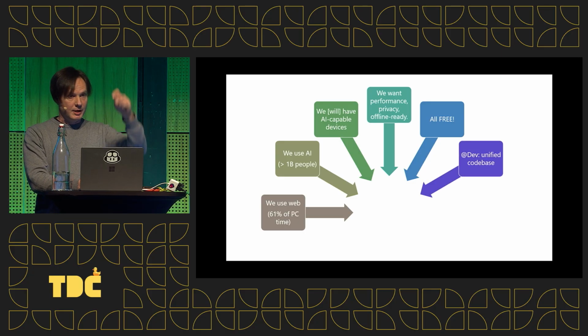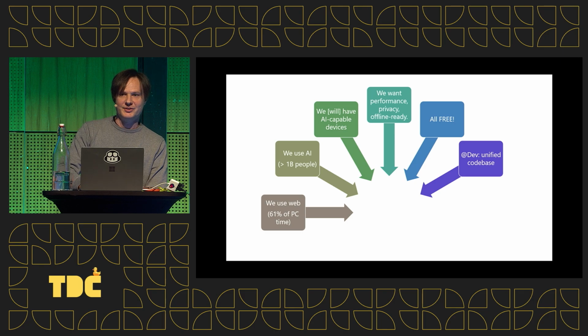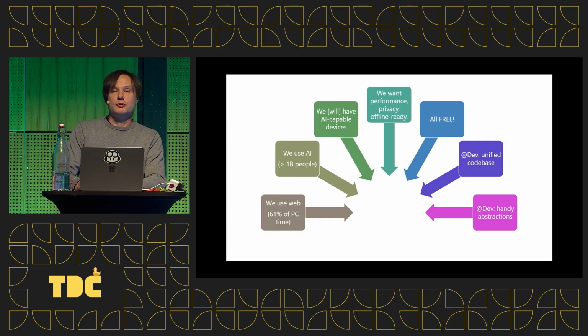Now, putting the developer hat on, we love unified code bases, right? Write once, run everywhere, or something close to this, as possible. And for sure, standards are all about that, right? And also, not all of us, talking about myself in the first turn, are data scientists and data engineers.